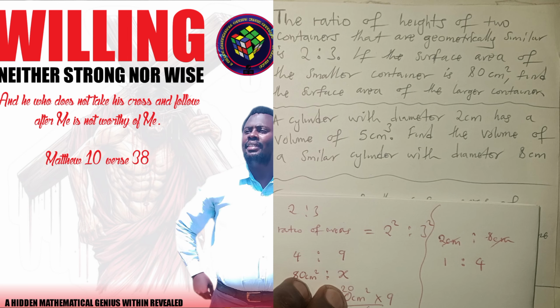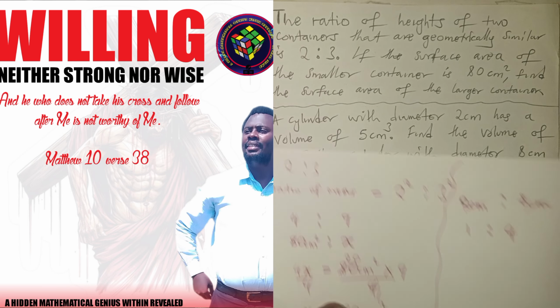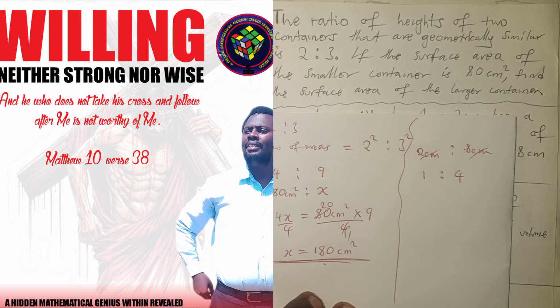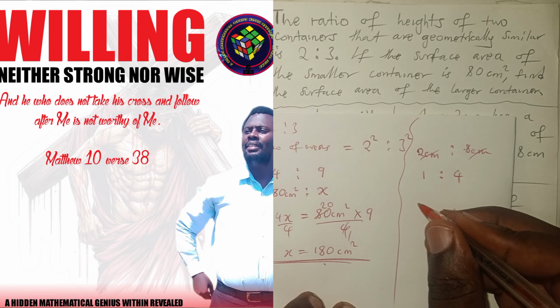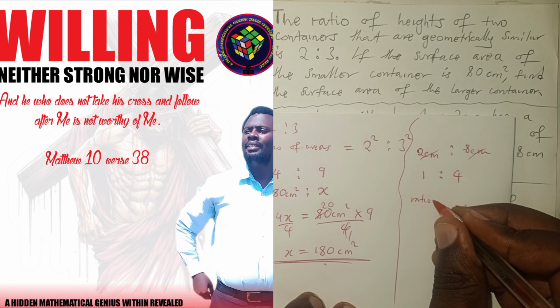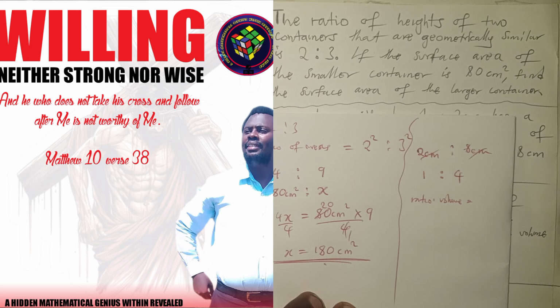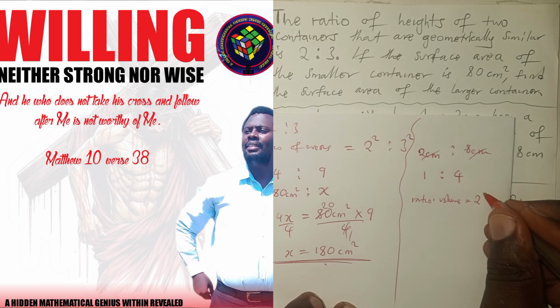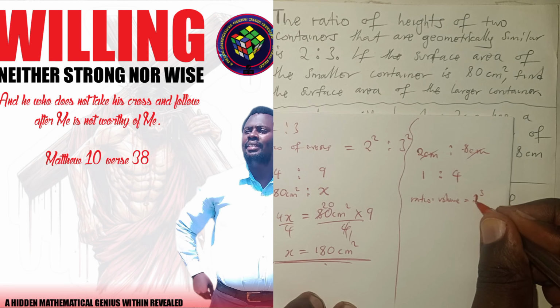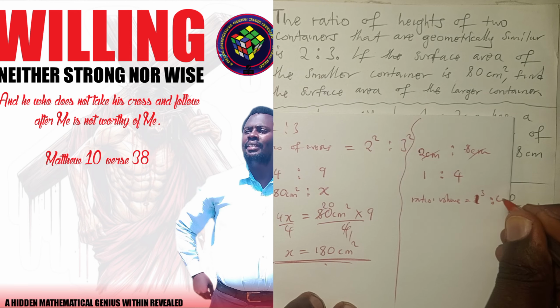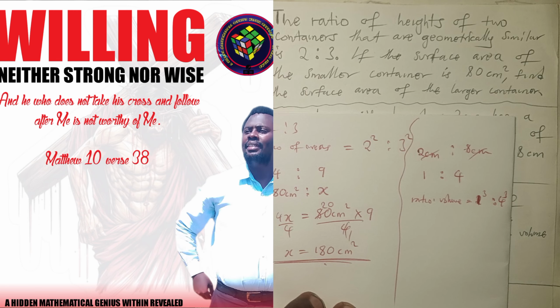Again, for us to calculate volume, we need to have a ratio of volumes. And here we have a ratio of sides. So the ratio of volumes is just equal to the cube of the ratio of sides, since we know that the units for volume are to the power 3.